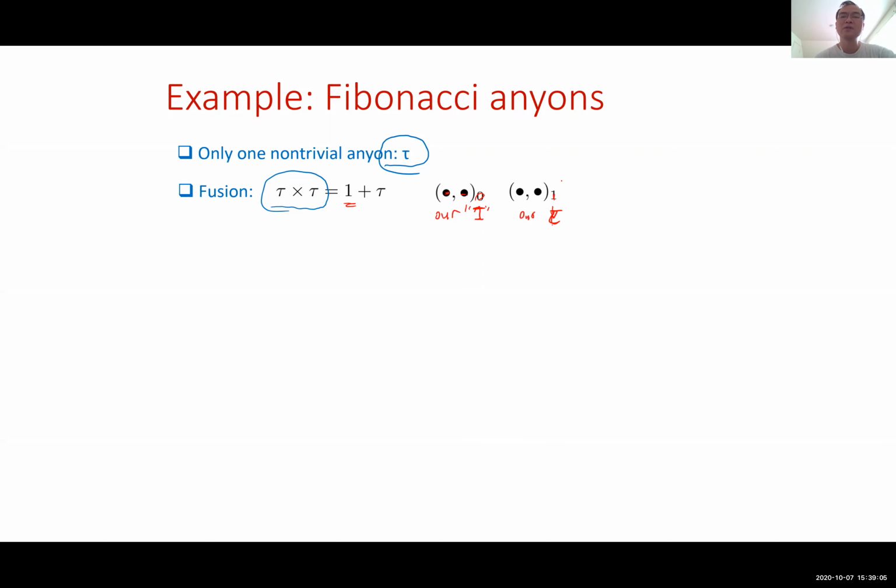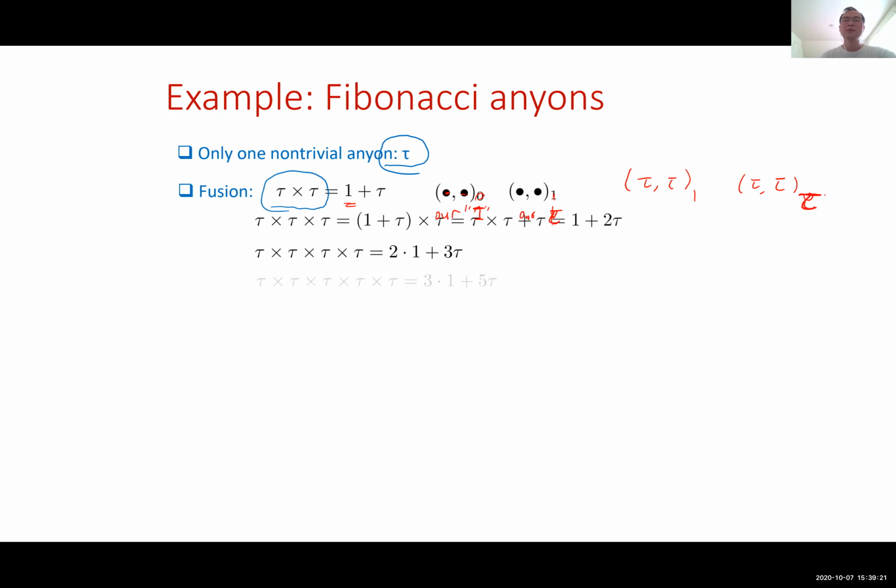This is our tau. We could use this to fuse to 1, or tau and tau fuse to 0. The other way around, this would be tau. Okay. And you can continue this equation.